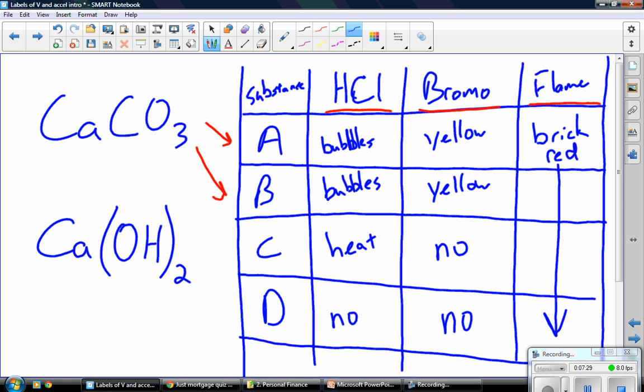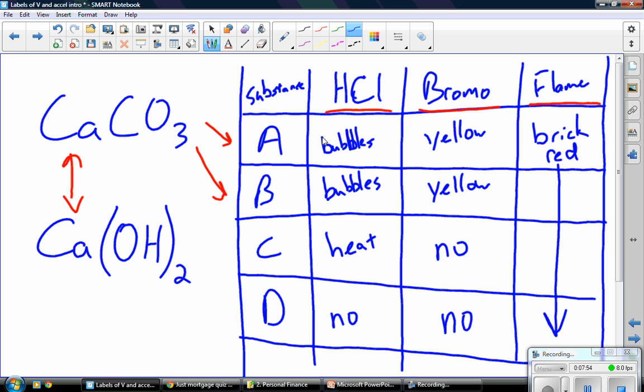But it also had calcium in it. So you can see there is something similar about the two, right? Between substance A and B and substance C, there was something similar. They both had calcium. All right? What was the same as far as the reactions go, as far as the tests go, for these first three substances?